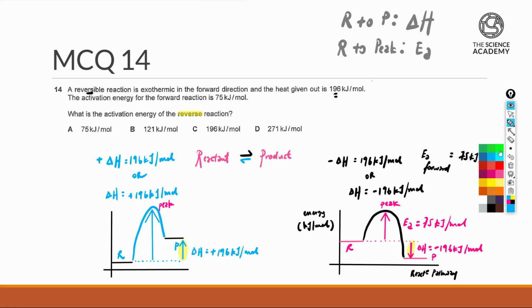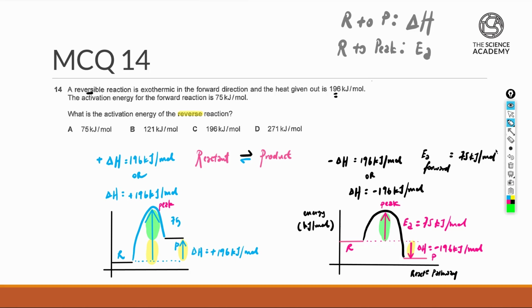So just based off this portion here of the peak that's facing upwards, this should have been giving us a value of 75 already. But we need two portions here. So the bottom portion is also aligned with the yellow color portions of my enthalpy change. So to find out the activation energy in total, this will actually be 75.